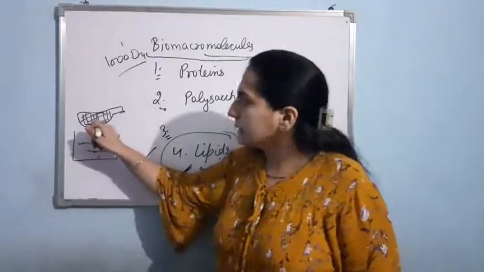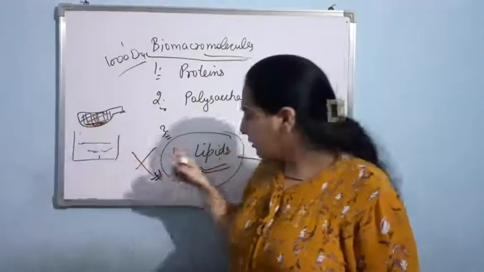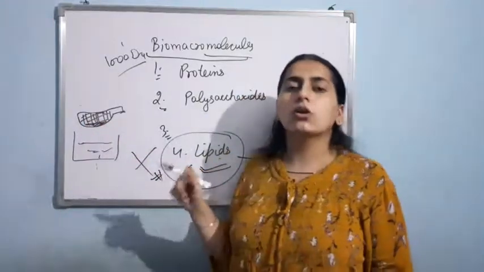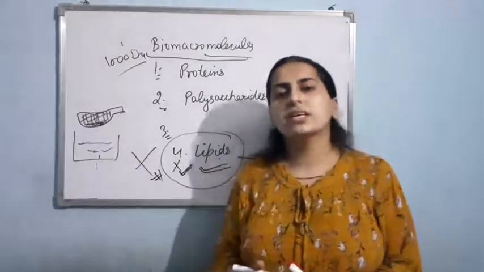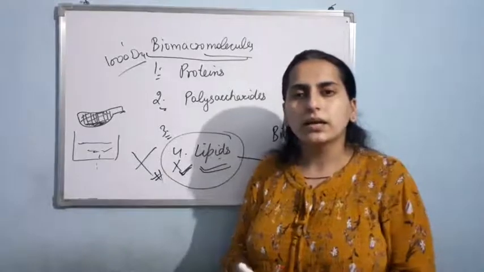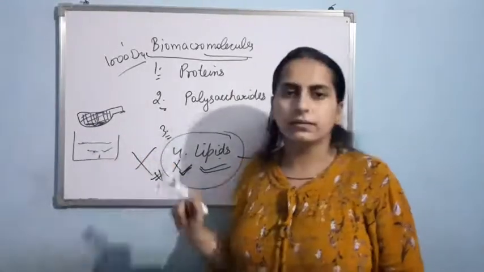In the retentate, in the acid insoluble pool, we will get lipids, but these are not biomacromolecules. Now here comes the question, if these are not biomacromolecules, then why are they present here? Why not here? Am I clear?